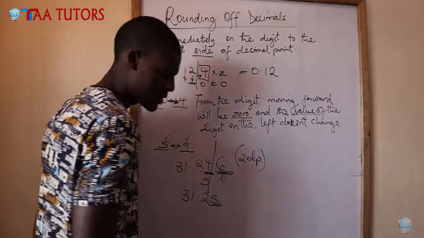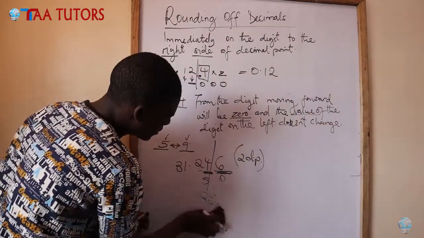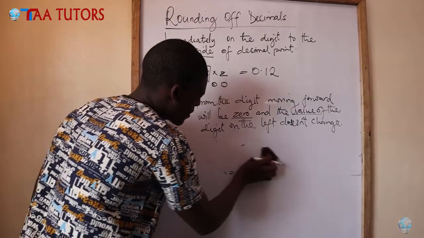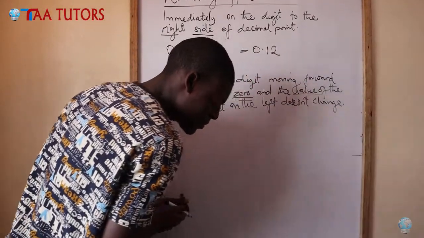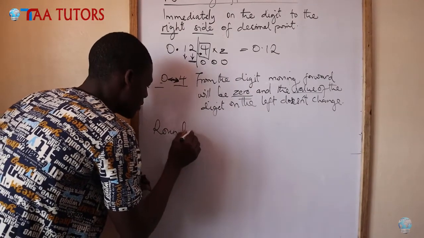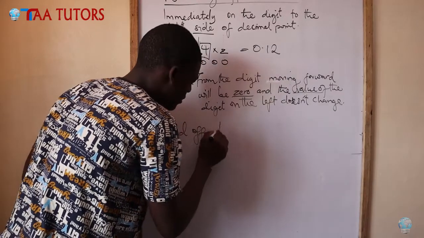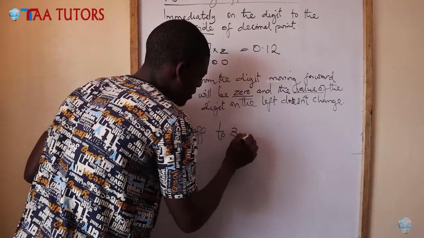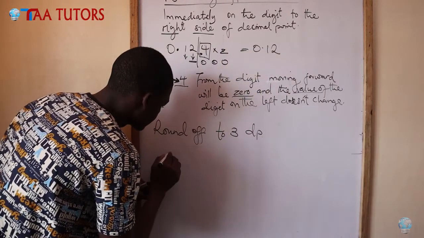We can do another example to understand it better. Round off 215.2297 to 3 decimal places.